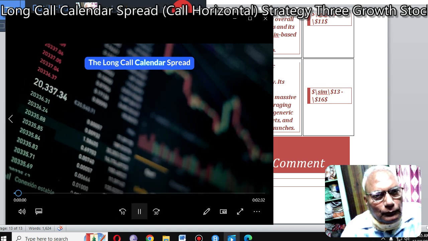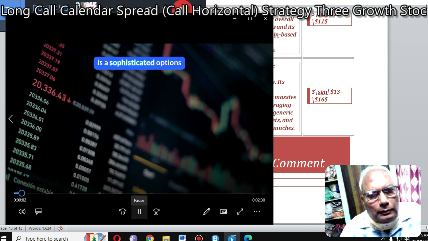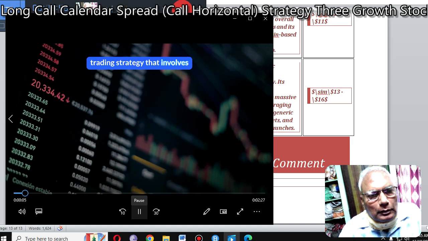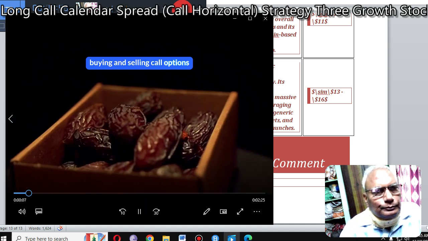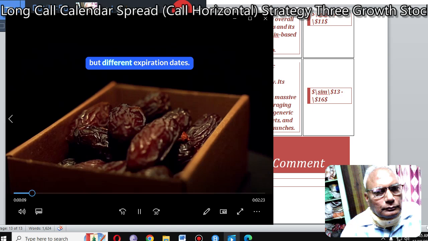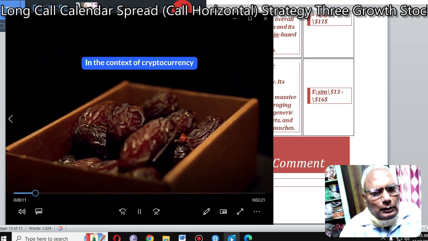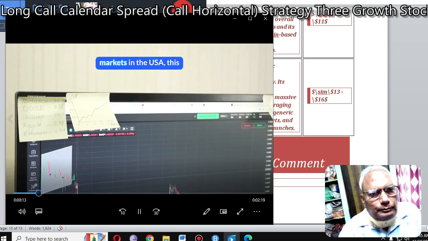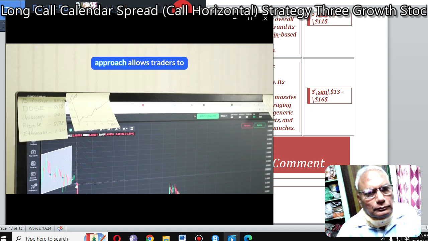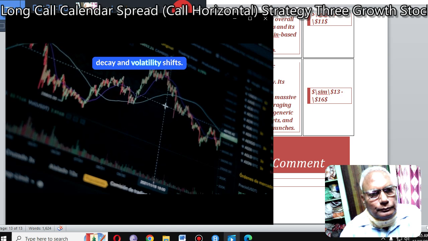The long call calendar spread is a sophisticated options trading strategy that involves buying and selling call options with the same strike price but different expiration dates. In the context of cryptocurrency markets in the USA, this approach allows traders to potentially profit from time decay and volatility shifts.